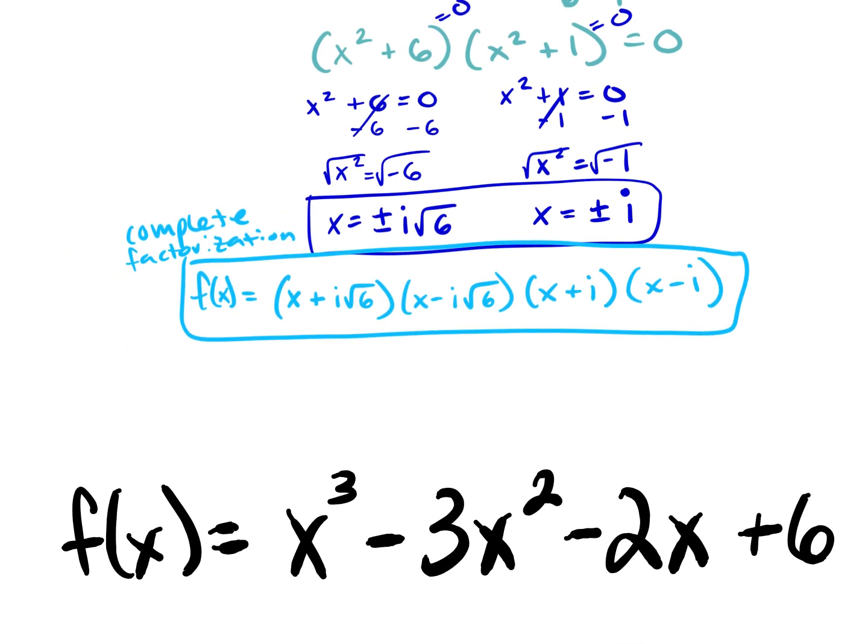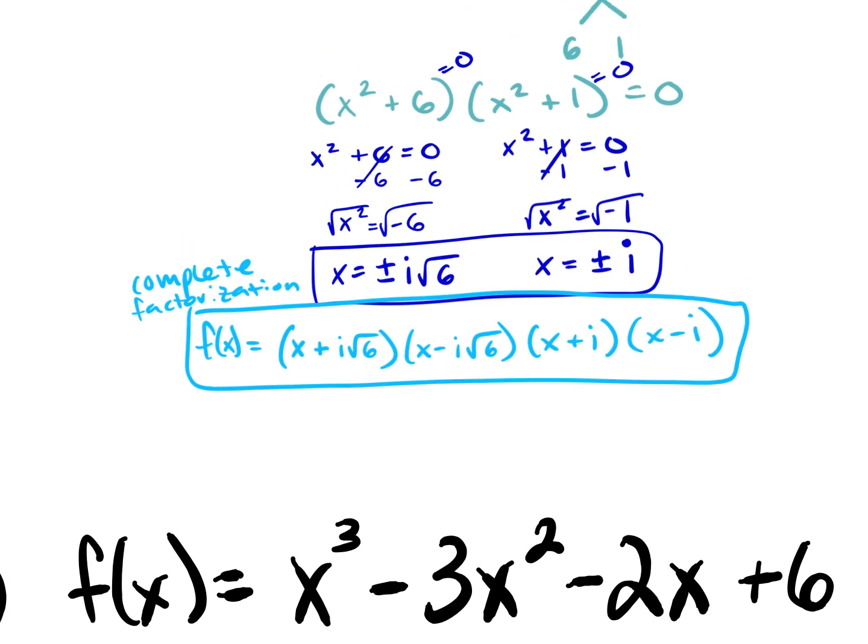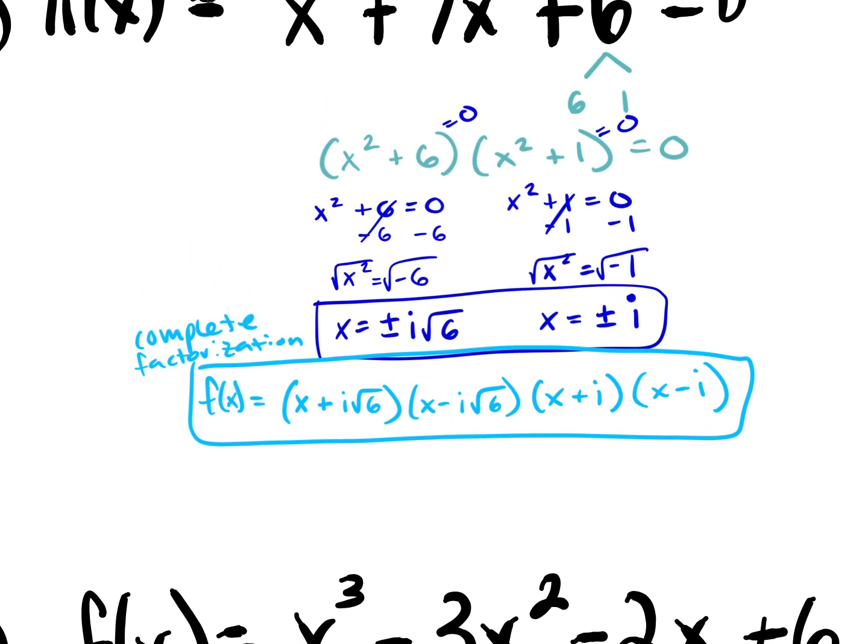What if this question asks us to leave it irreducible over the reals, meaning that it doesn't want imaginary numbers? How would we write the factored form without the imaginary numbers? Which part?